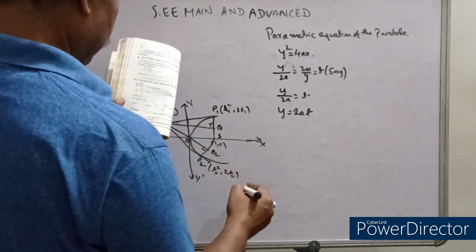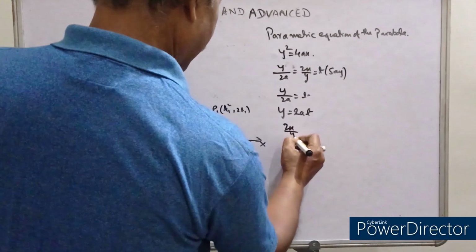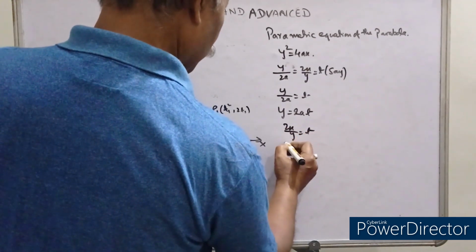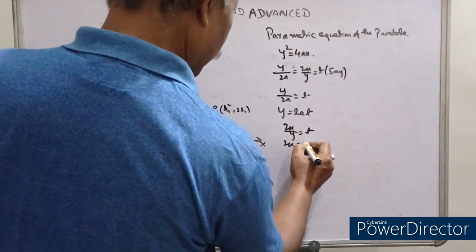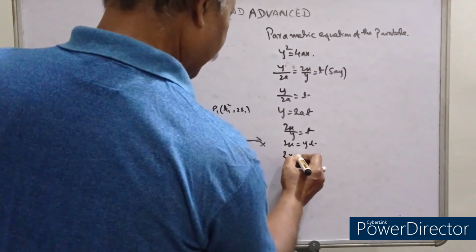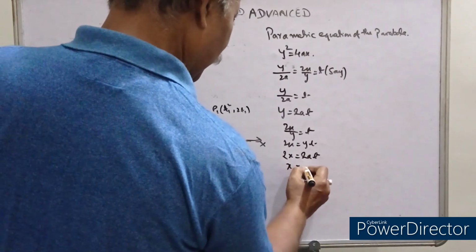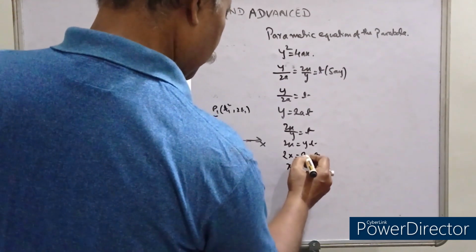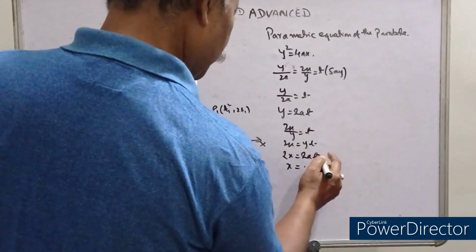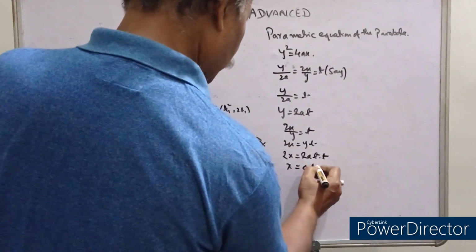And now 2x by y is equal to t, so 2x is equal to yt. Your value of y is 2at, so x is equal to 2at into t by 2, so this is at square.